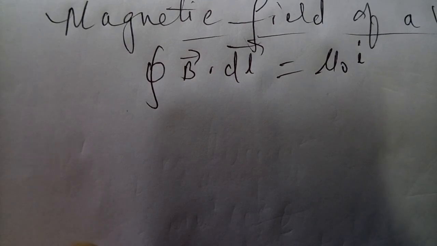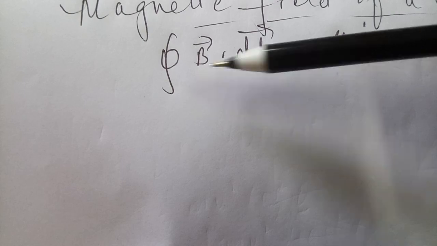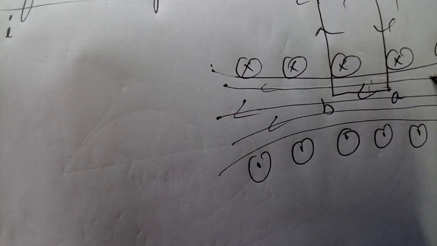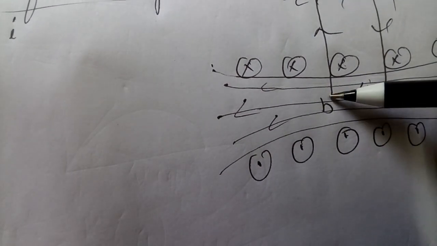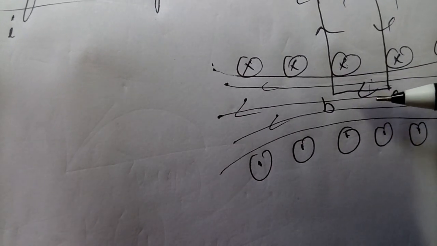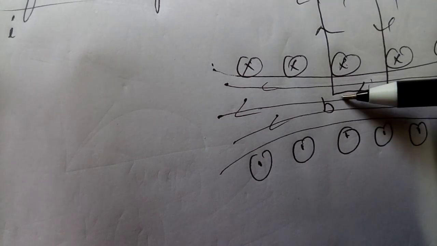Now this is a closed integral, so we are going to take it part by part, starting with A to B. Just see A to B: the direction of the magnetic field and the direction of the line integral are in the same direction. So B vector dot dl vector can be written as B dl cos theta. In this case theta becomes 0 degrees.